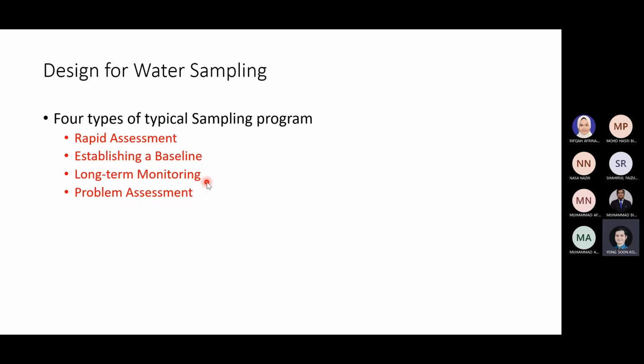There has been a steady long-term monitoring program to assess from time to time the water quality level for rivers in Malaysia. So this one involves an extensive network of stations that are put permanently into a certain strategic location in a river, just to monitor the changes of water quality.